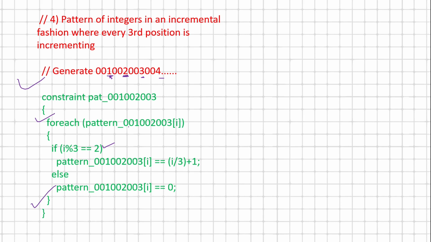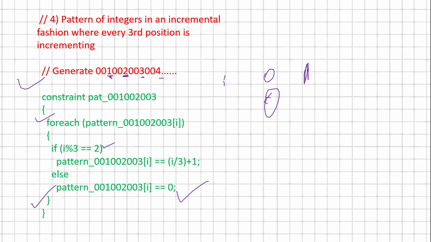So whenever 3 divides something and the remainder is 2, okay, let's say i is 0. What is happening at 0 is that 0 by 3 is 0, so our remainder is not 2. So the answer will be 0 as our second condition.